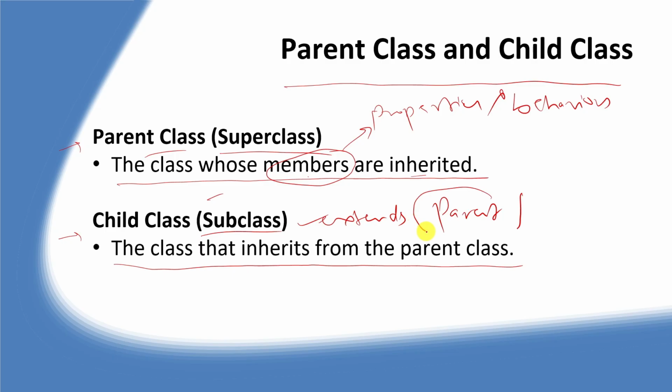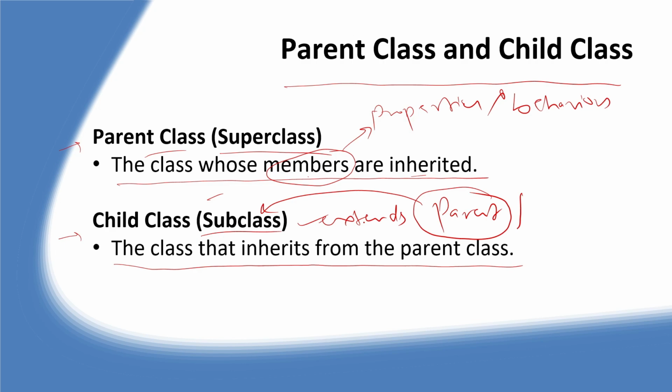So whatever properties and behavior are present in the parent class will come to the child class or subclass. The existing class is called the parent class or superclass, and the new class that inherits properties and behaviors from the parent class is called the child class or subclass. So the child class automatically gets access to the accessible members of the parent class.